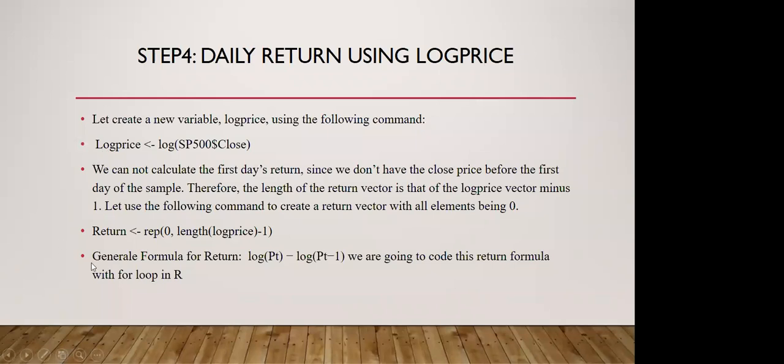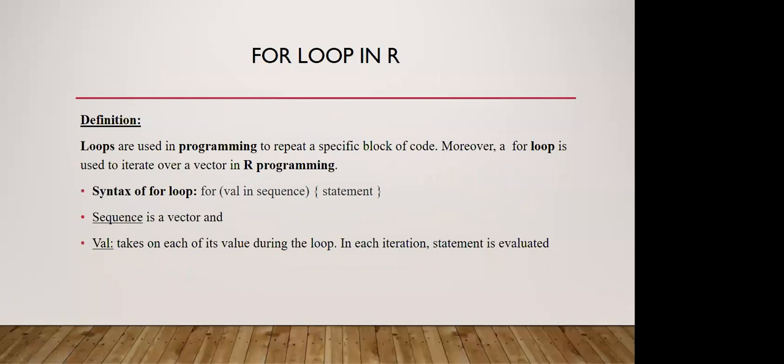And then this slide is just the general formula, in case anybody forgot the return formula using the logarithm function. Next we're going to talk about the for loop, which I feel is very important for us to learn, especially when you're calculating the price or the returns.